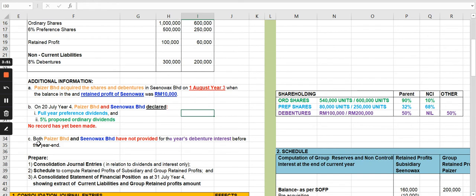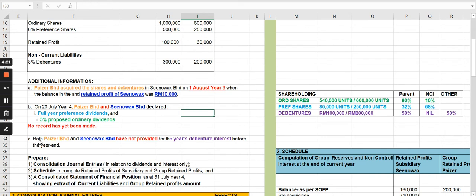C is the information that both parties, the parent, Pfizer, and the subsidiary, have not provided for the debenture interest in that particular year. That also needs to be provided, even though both are making losses. Even if losses are made, they still need to provide for debenture interest.